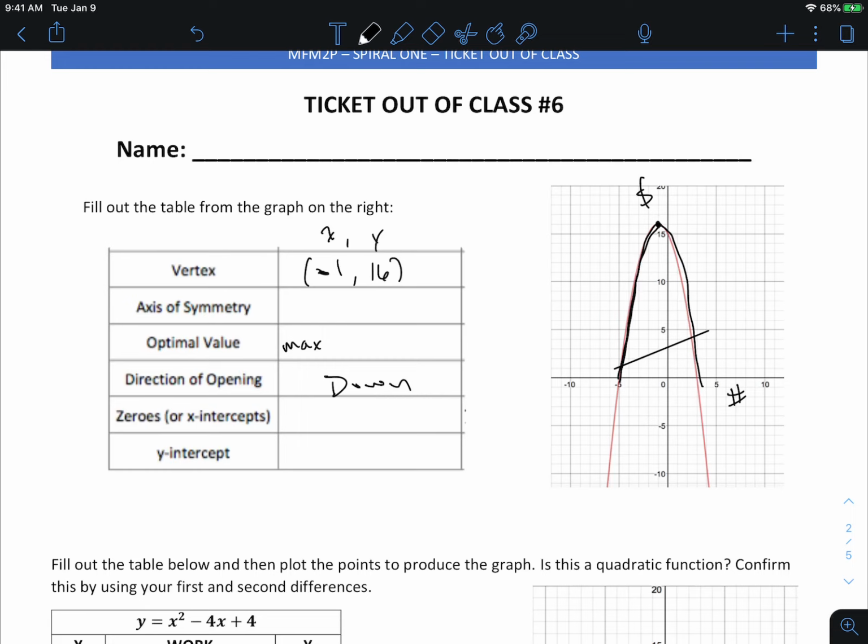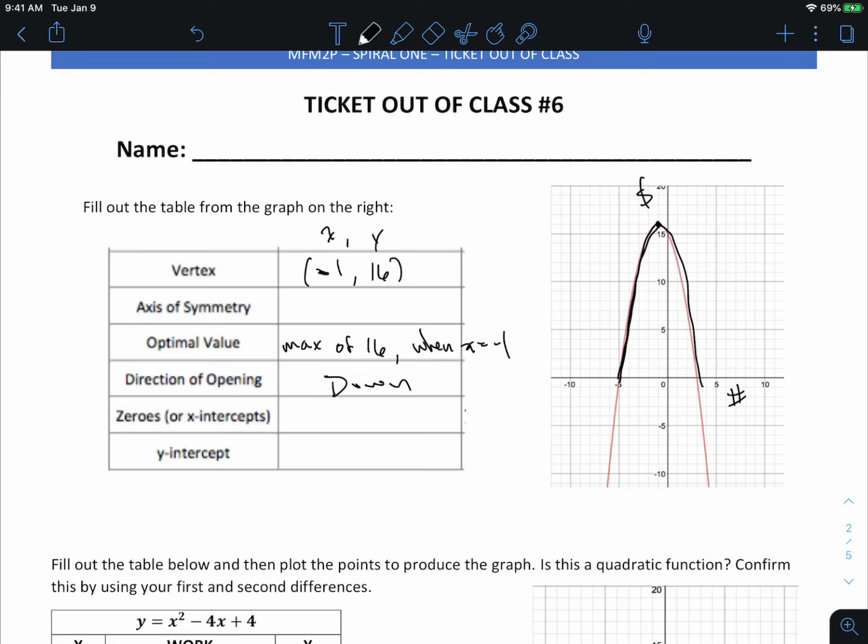Okay, that's the optimal value. Max or min. And then you could get more specific by saying, okay, it's a maximum of 16 when x equals -1. That's a perfect answer to a T. There's nothing else to say there. I don't know if your teacher's looking explicitly for that. That's the way I teach it, because then it means something, right?